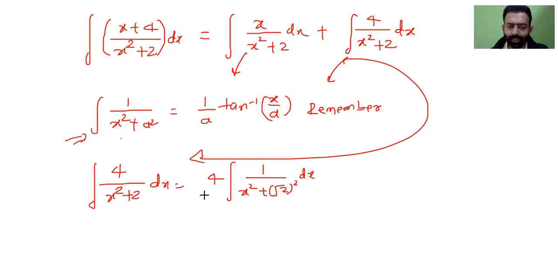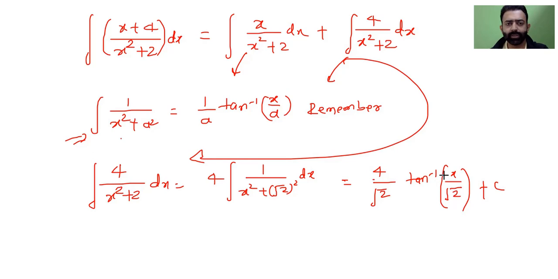Now if you compare this with the given formula, x square is x square and a is root 2, right? So you can directly write the value of this integral as 4, which is our constant outside, times 1 upon a, that means 4 by root 2 tan inverse x by a. So this is x by root 2. Okay, only this much is the difference, right?